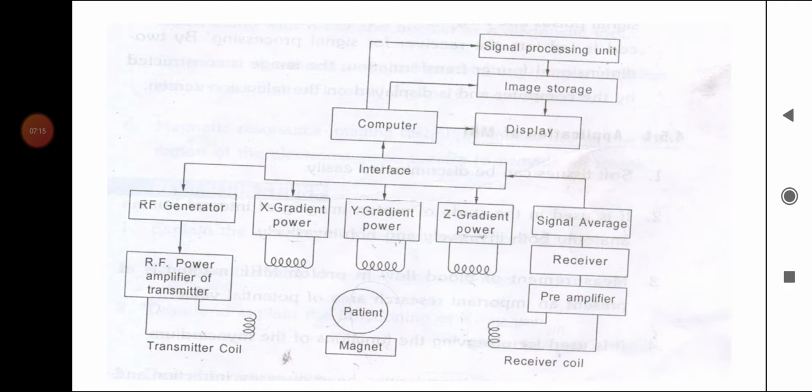The radio frequency resonance signal, that means the magnetic resonance RF signal, is transmitted onto the patient, where the magnets produce a strong non-uniform magnetic field.